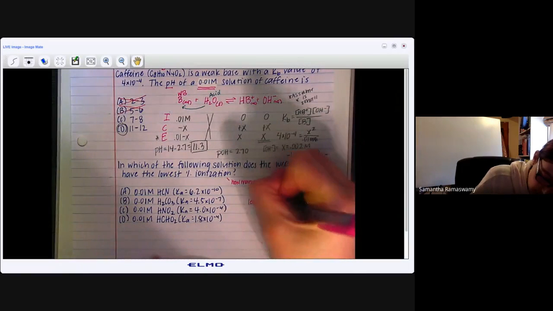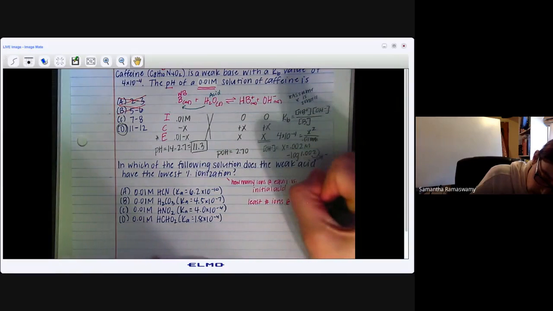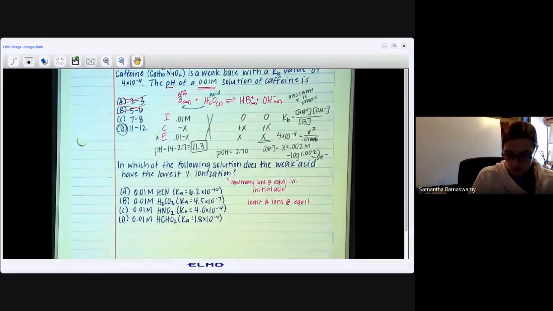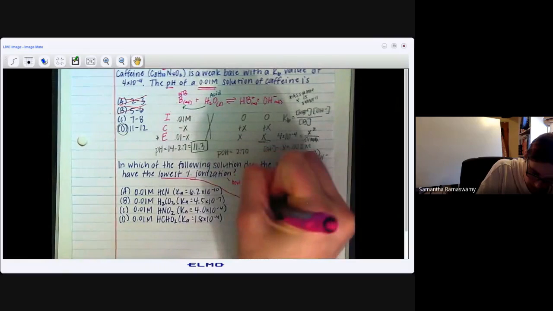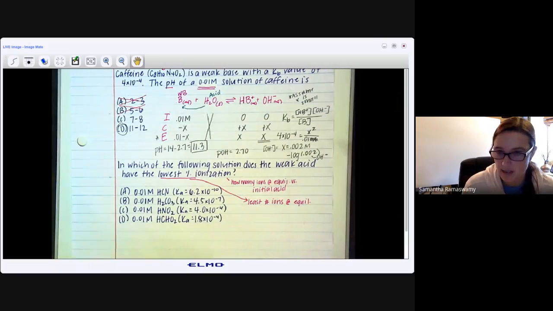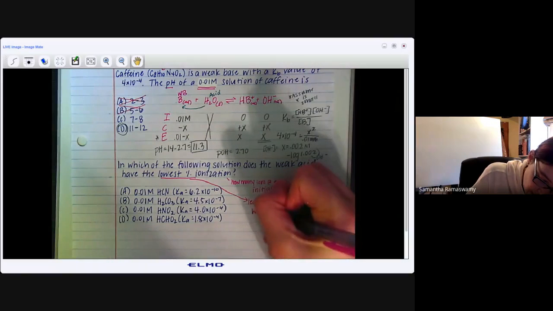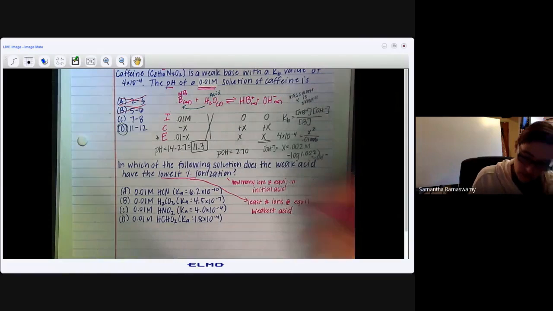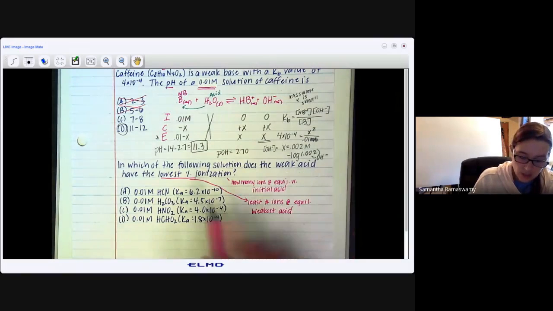So the lowest percent ionization means the least number of ions at equilibrium. So think about what that means. The least number of ions at equilibrium means we're looking for the weakest acid. Well, this is why they give you the Ka values.